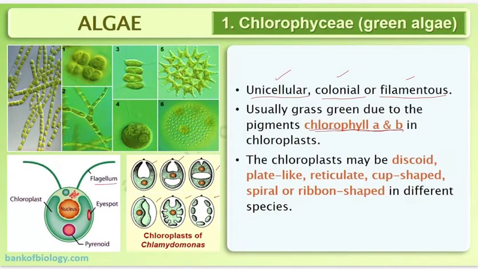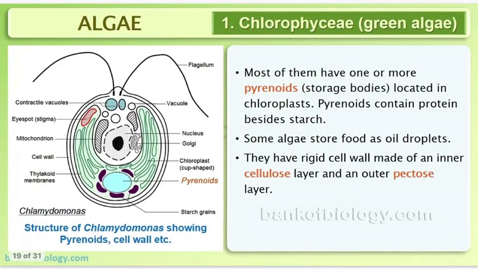Depending upon the shape, again we segregate them. And of course, you can see the locomotory organs, flagellum or flagella, is present. There is an eye spot. There is pyrenoid, nucleus, and of course a very big chloroplast.